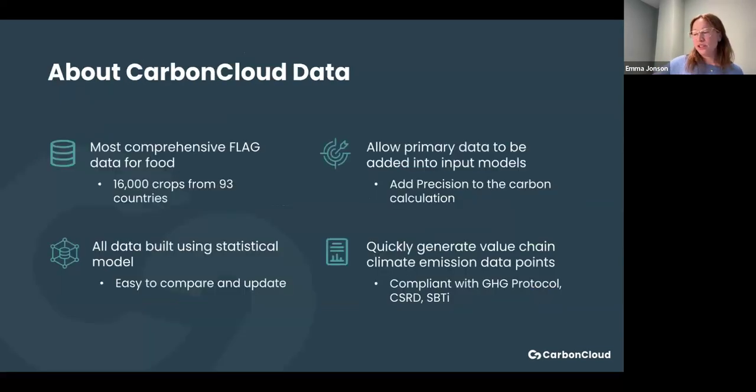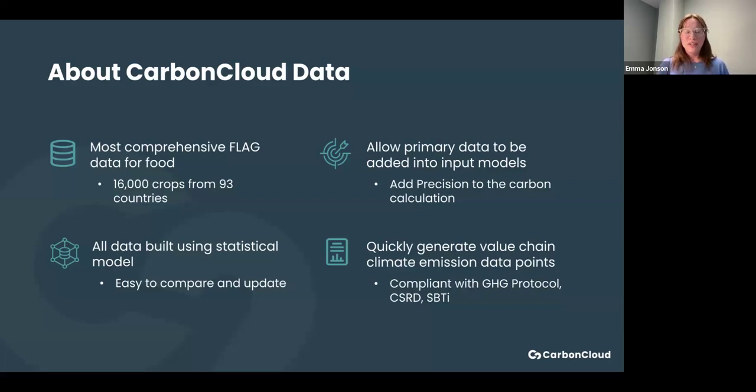About CarbonCloud data, we provide the most comprehensive agricultural data for food on the generic level, where we supply footprints for 16,000 crops from 93 countries.